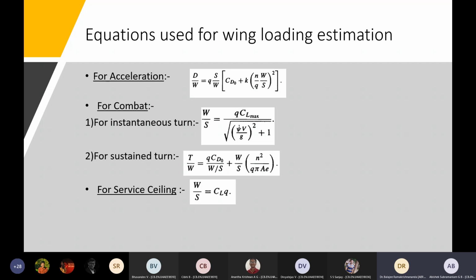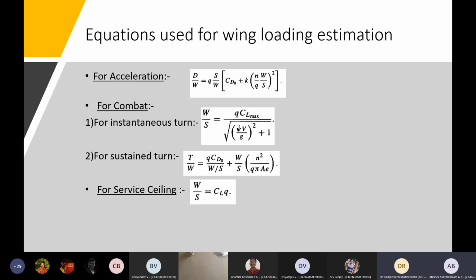That's good enough. For acceleration and combat, one value of n will cover everything. Yes, sir. We used 5 for load factor. Okay, that's enough. You don't have to do all these things.